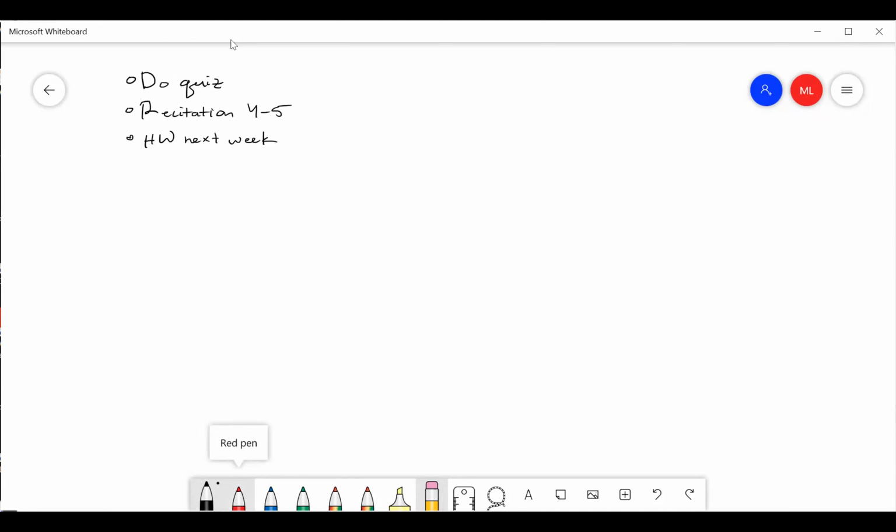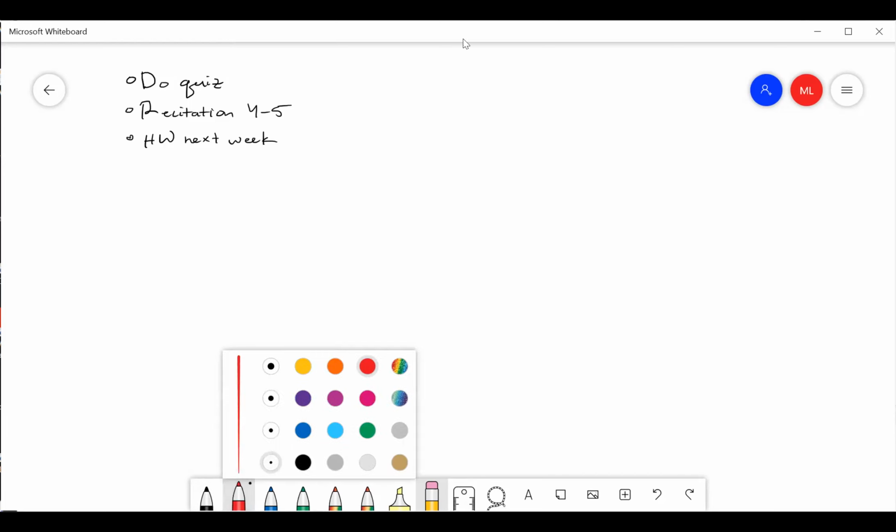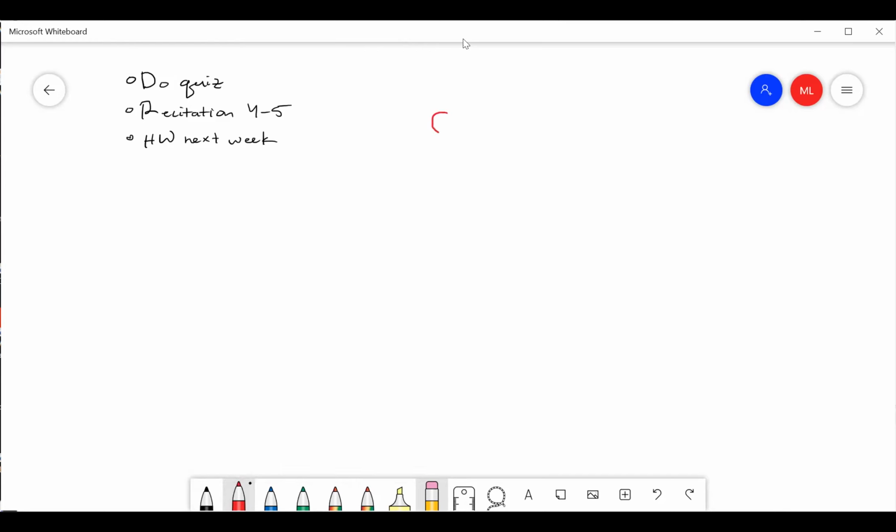On the last quiz, there was a kind of interesting question. If you have two carbons, it showed you a little picture with these p orbitals and these so-called sp2 orbitals.